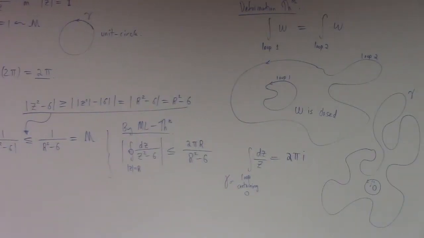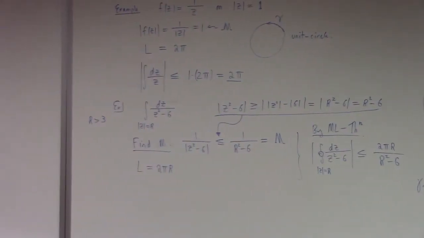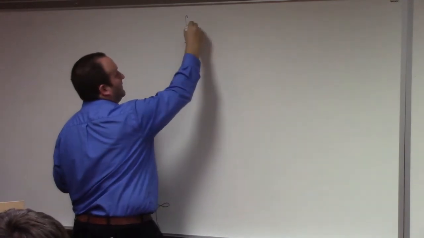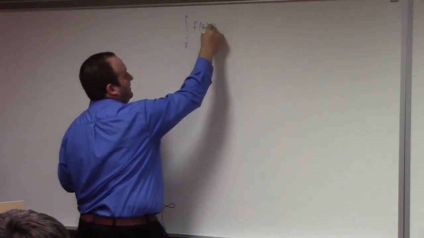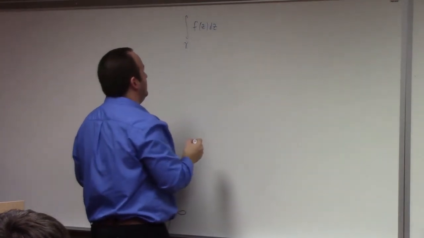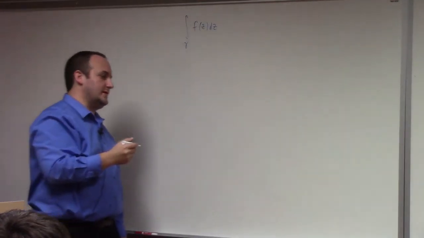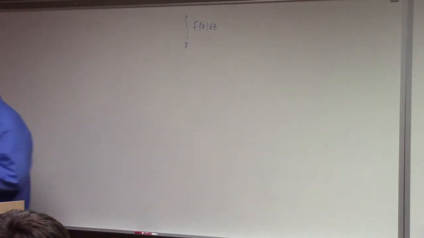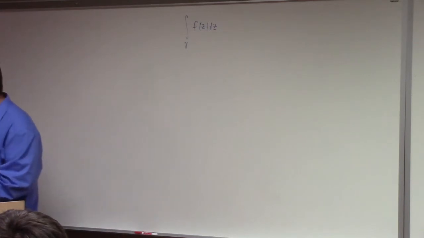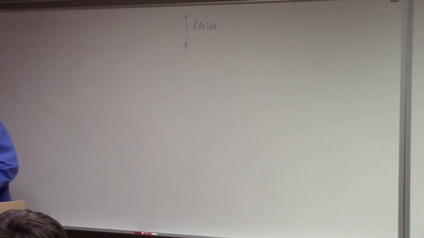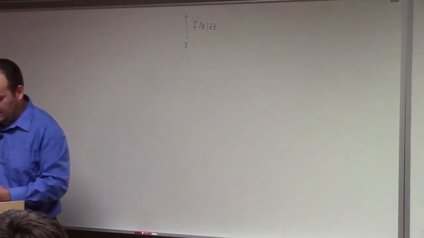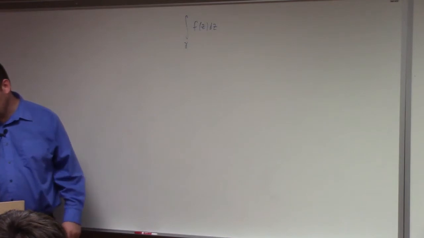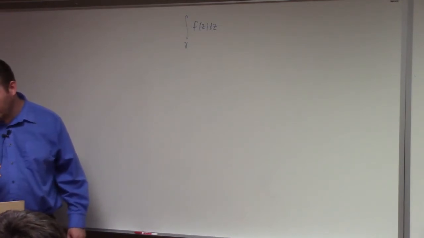What are the fundamental theorems of the complex integral? Let's see here. If we have the integral over gamma of f of z dz, I would like to say that f is integrable on gamma. What that means is that it has a big F, which is a primitive.